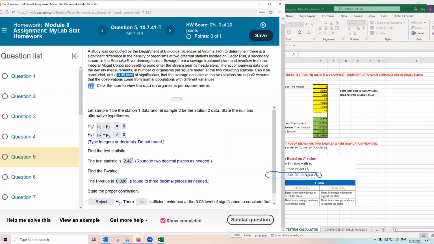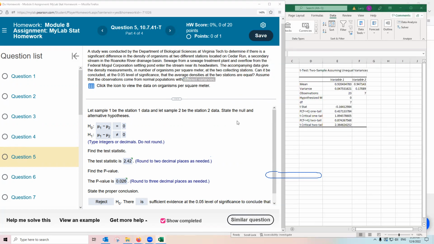By the way, notice here they're telling us use alpha equal 0.05. Are the densities equal? And notice here it says assume observations are coming from normal populations with different variances. That means unequal variances.